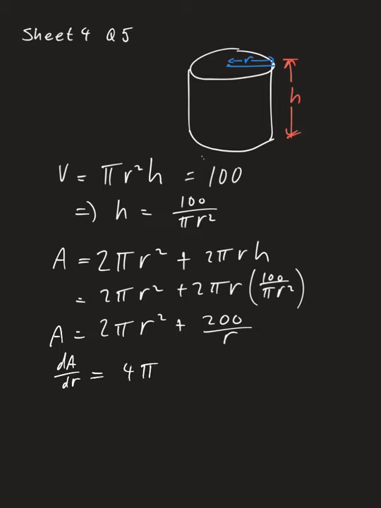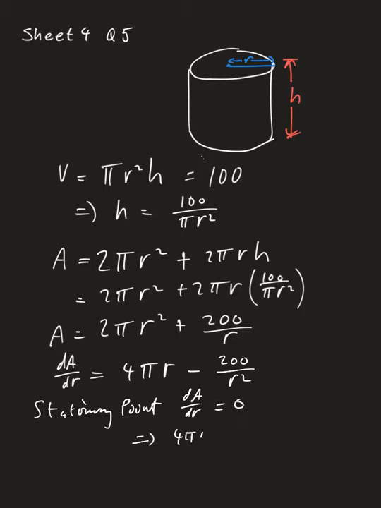We get 4 pi r. That's 1 over r, which is r to the power minus 1, so I get minus 200 over r squared. That's regular differentiation, except instead of x, it's r. I've done exactly the same thing as I normally do. So for a stationary point, I let dA/dr equal 0.